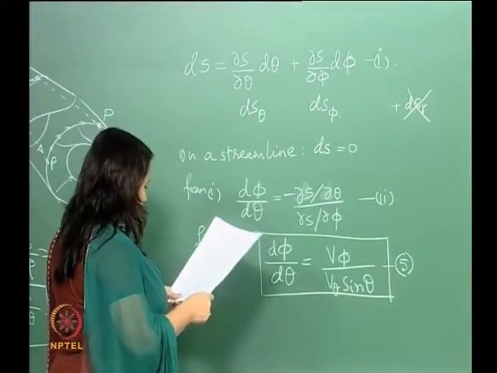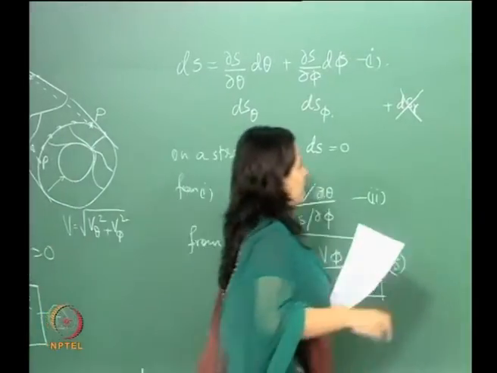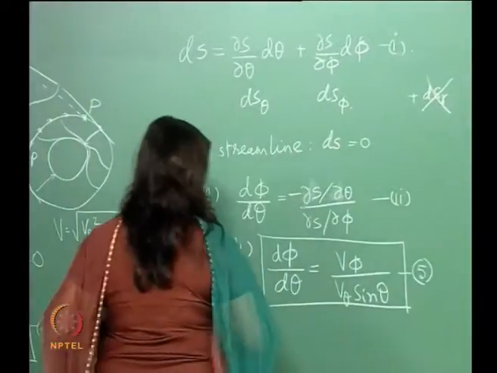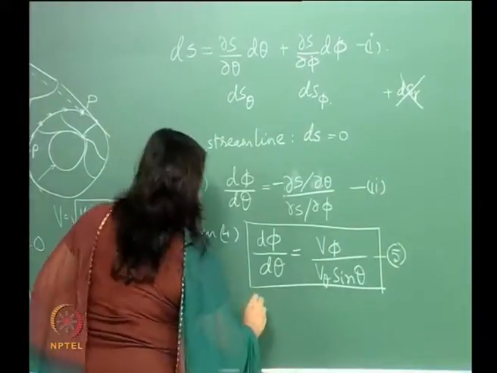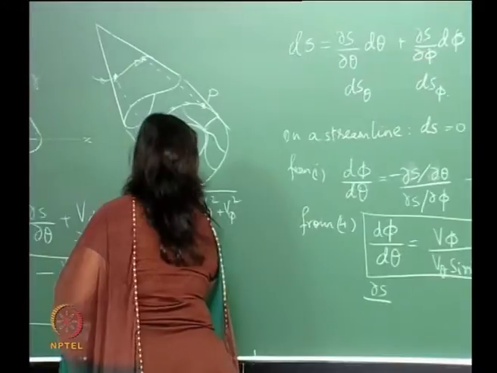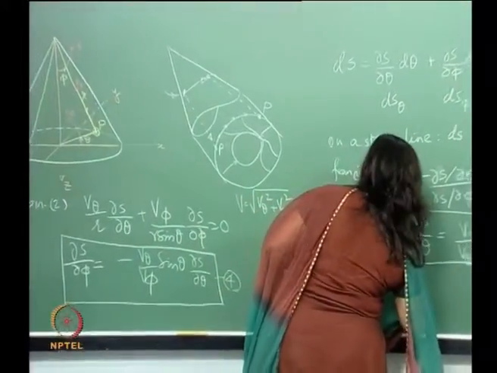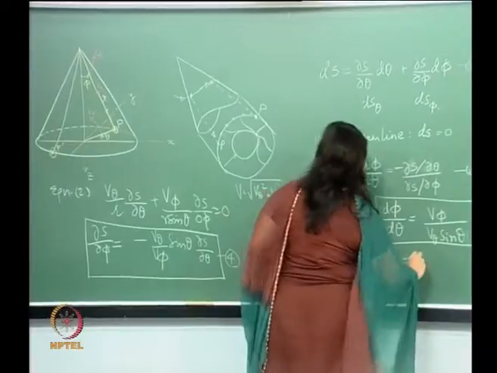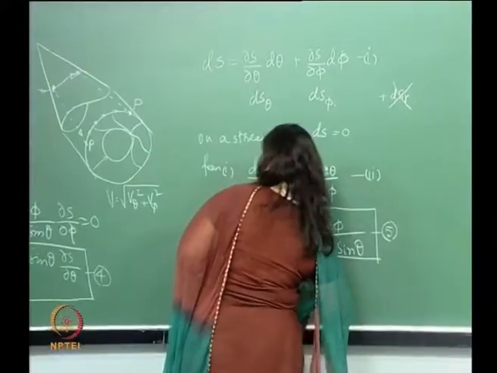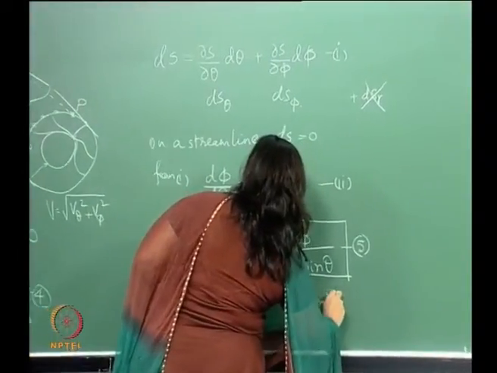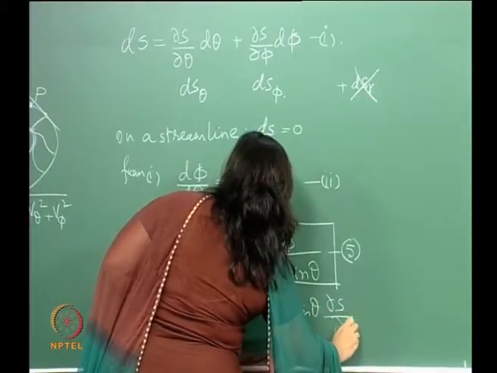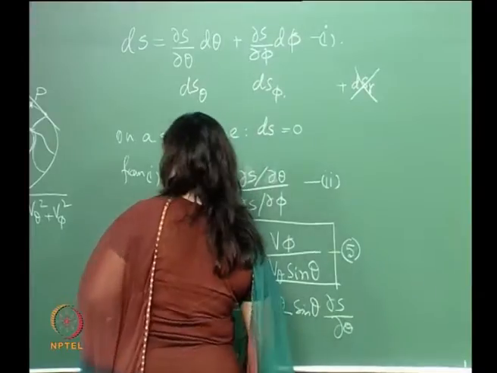Okay, let me write this equation one more time. Just let me write it here, I want to make a statement here. So, ds by d phi is equal to minus del S by del theta.